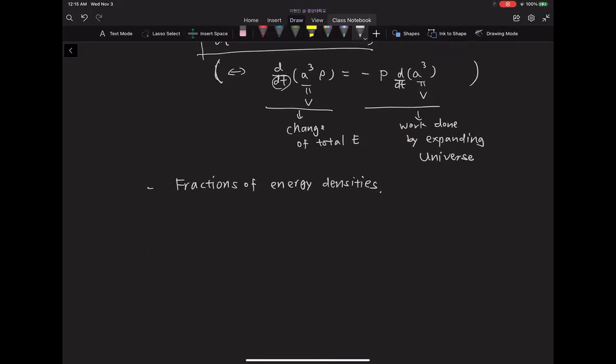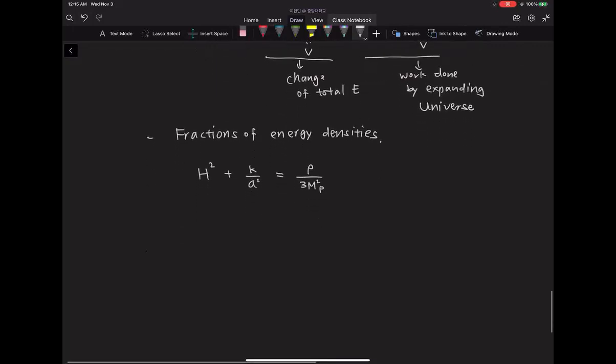Let's take the Friedmann equation and divide both sides by H squared.